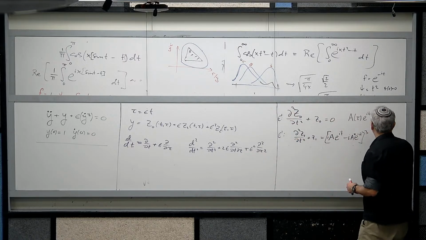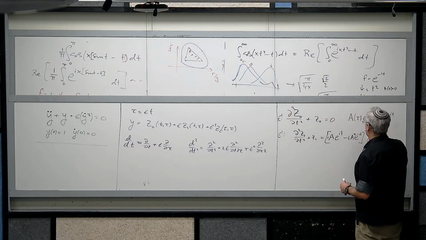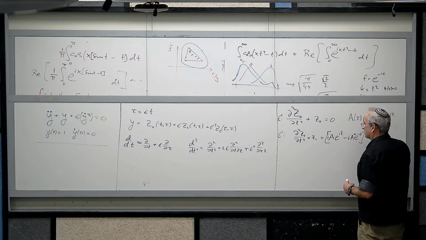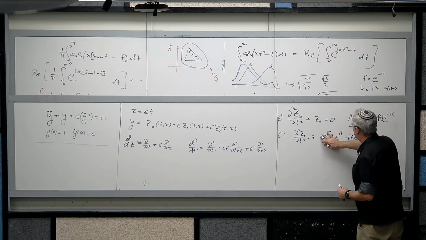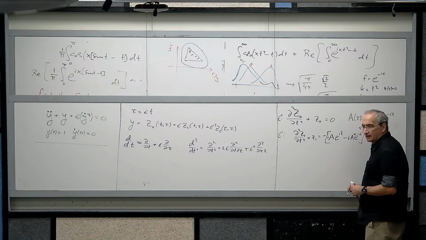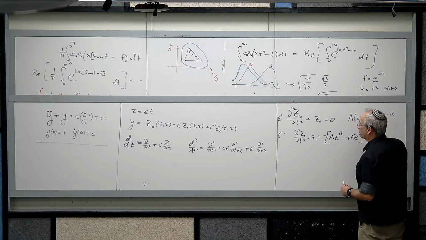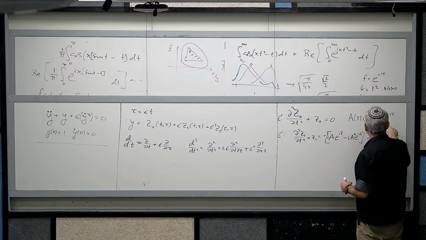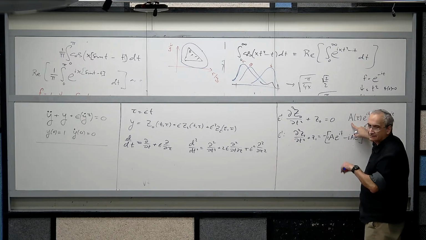Which is minus 2. The first one should also be the minus. Yes. Thank you. And here we have minus 2. And now I should take the derivative of this with respect to t and tau.